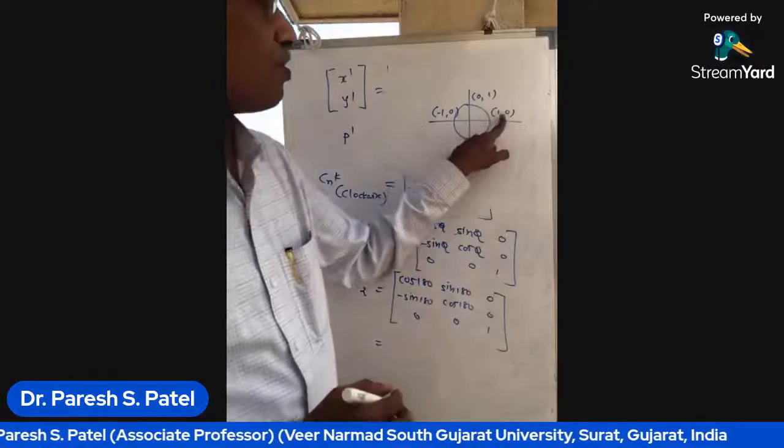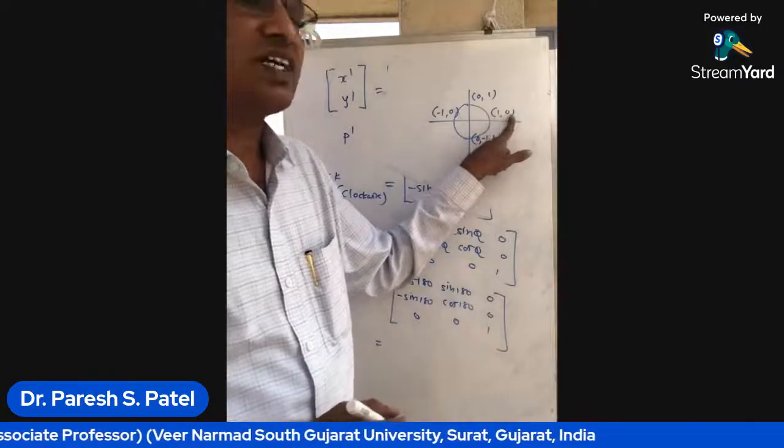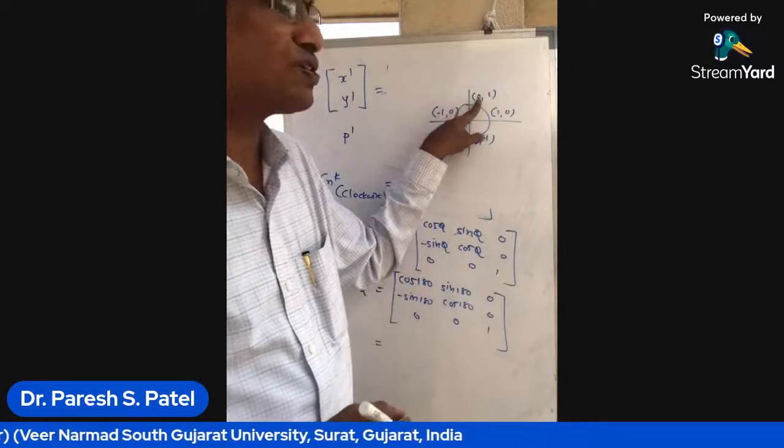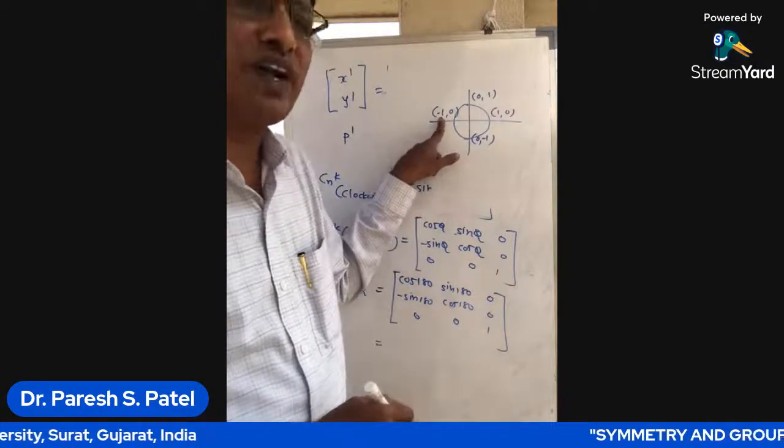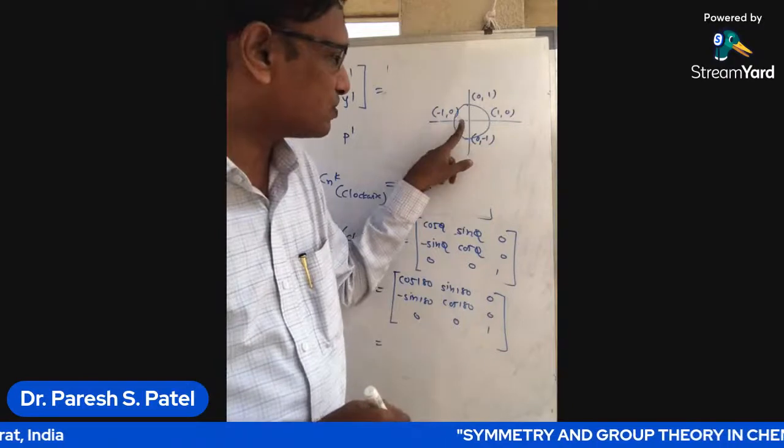Here cos 0 is equal to 1, sin 0 is equal to 0, cos 90 is equal to 0, sin 90 is equal to 1, cos 180 is equal to minus 1, sin 180 is equal to 0.